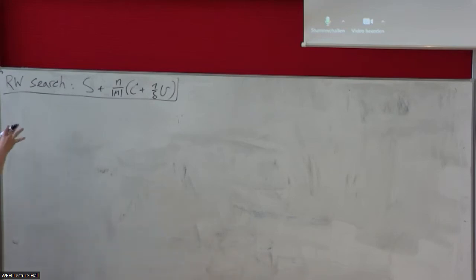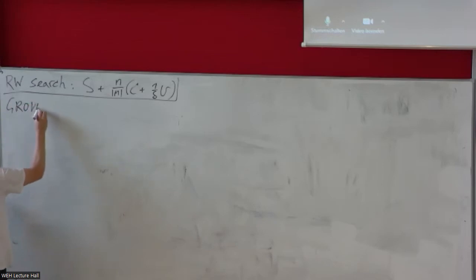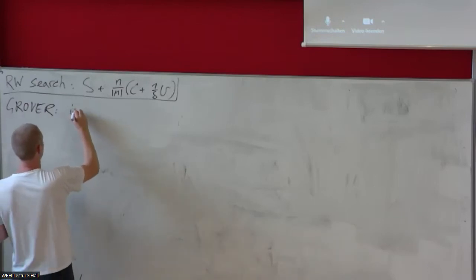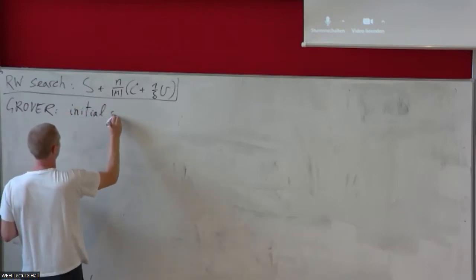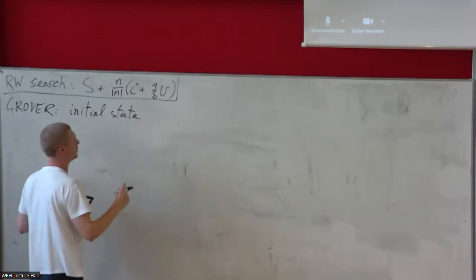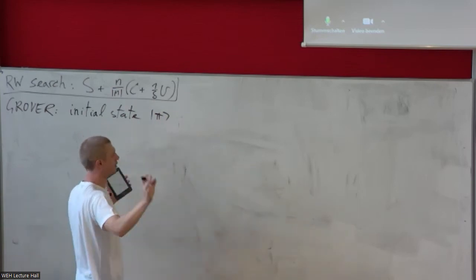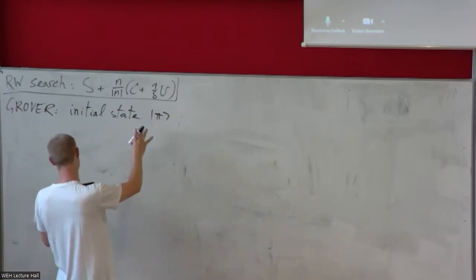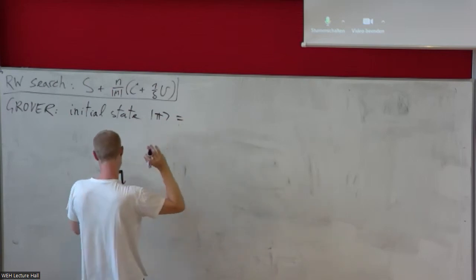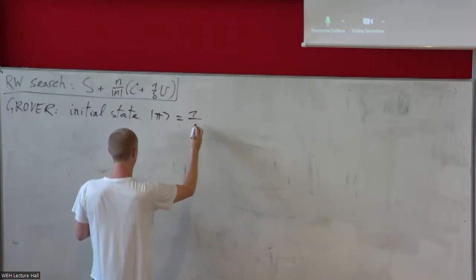So we looked at this random walk search, and now I want to briefly recall Grover's search. It's going to help us, and it's also going to be an interesting parallel to this random walk search cost. So in Grover, we have this initial state, which I'm going to call, and this is also why I wanted everything to be regular, so that I can call the uniform superposition that Grover starts in a quantum encoding of a random walk stationary distribution.